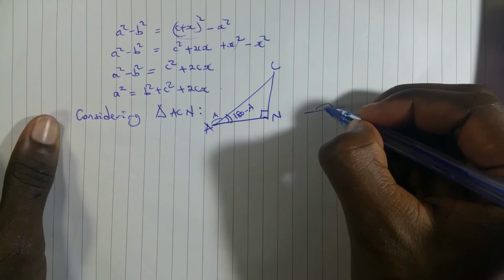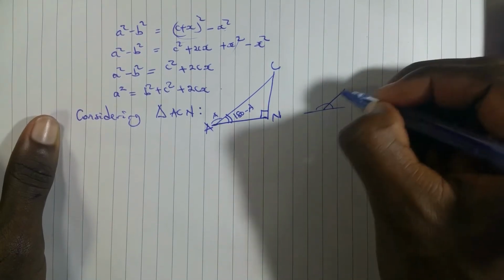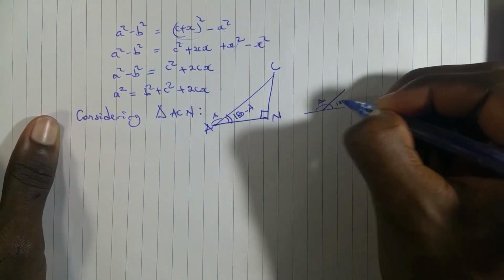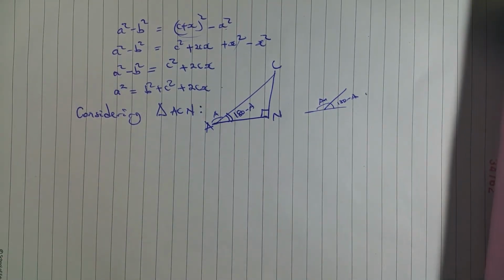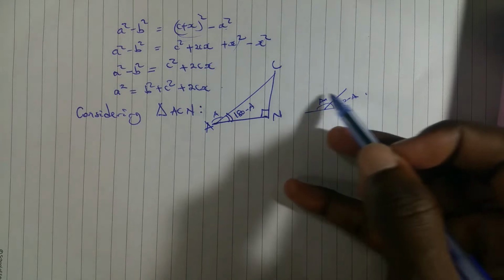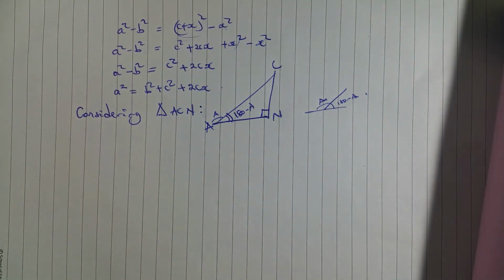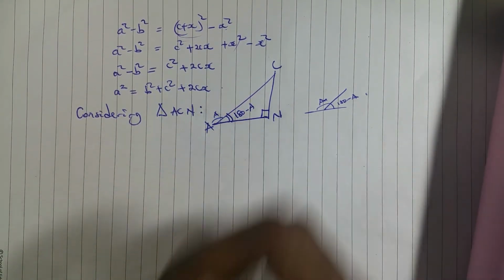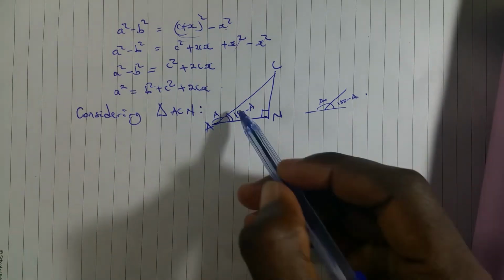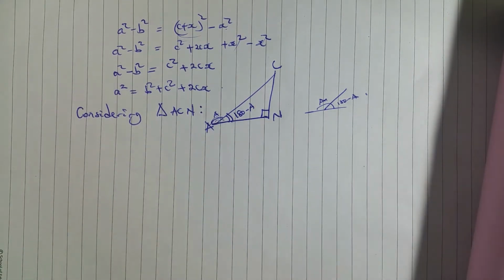If something cuts it like that and this side is A, then here is 180 minus A. You remember in our previous video we looked at trig ratios of obtuse angles. Obtuse angles are between 90 and 180 degrees. So if you have 180 minus some angle, that means the angle remains obtuse. The whole of that angle A is obtuse.